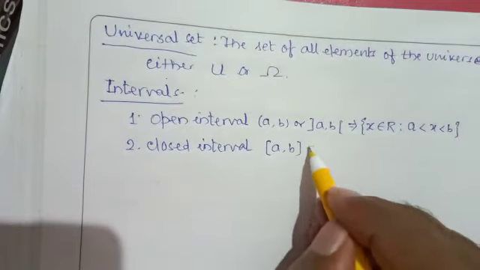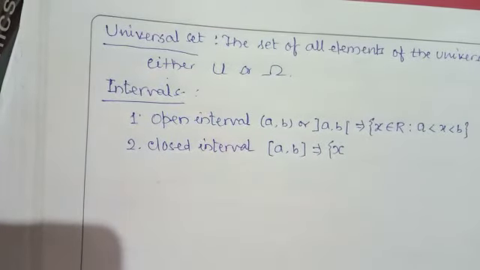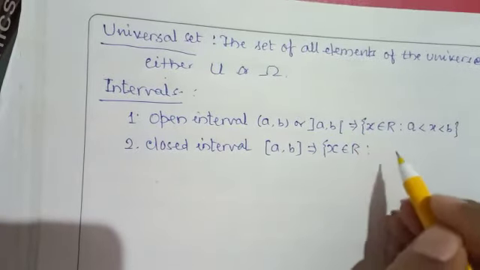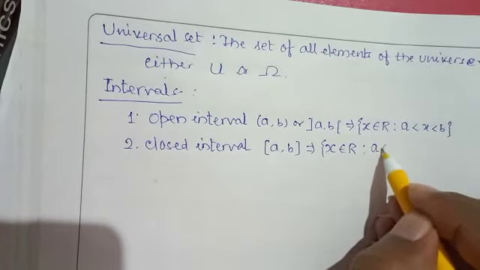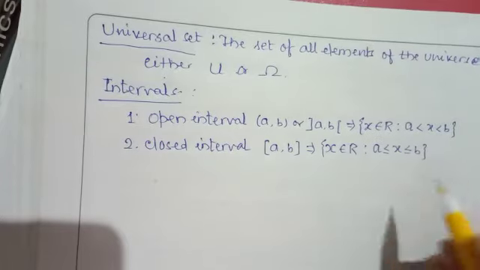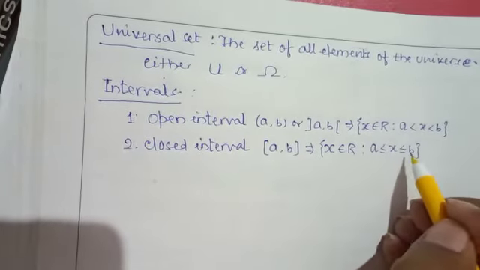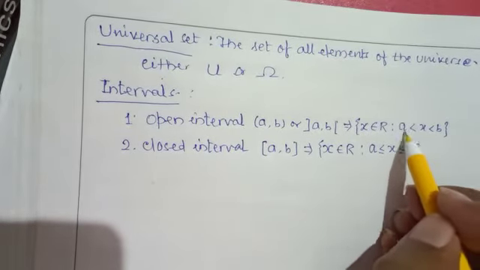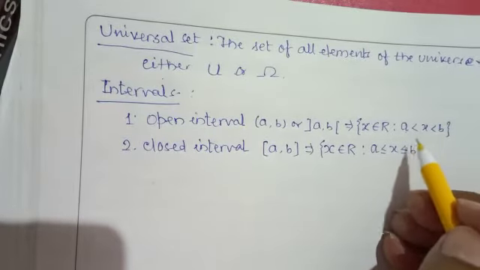This means for any element x which is a real number, x belongs to R and value of x lies from A to B, means x can also be A, and x can also be B. But in open interval, value of x is greater than A and smaller than B. A or B does not lie.